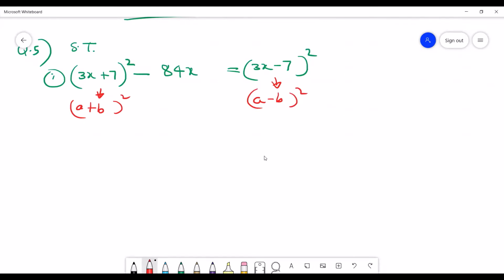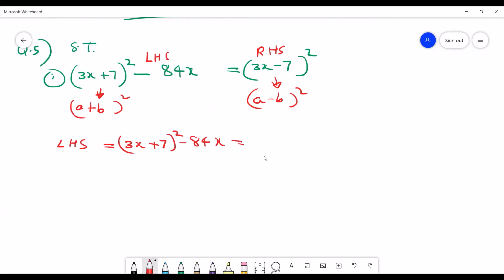So first we will consider the left hand side. This is the left hand side and this is the right hand side. First we are considering the left hand side, that is (3x plus 7) whole square minus 84x.